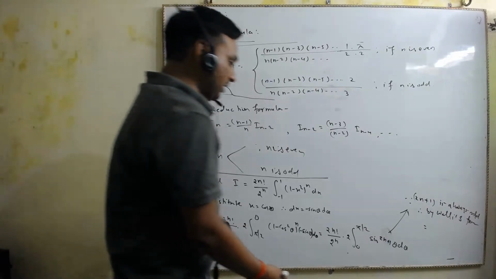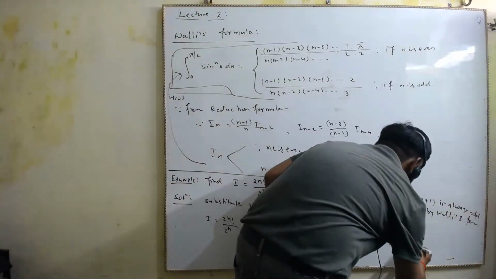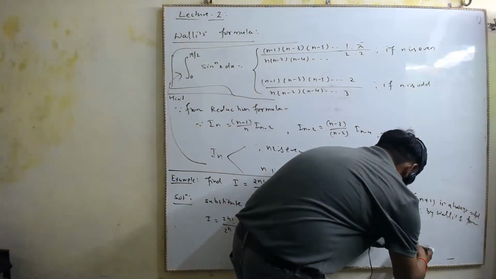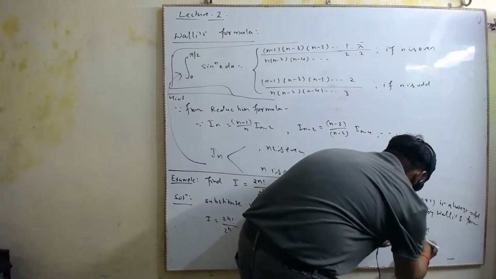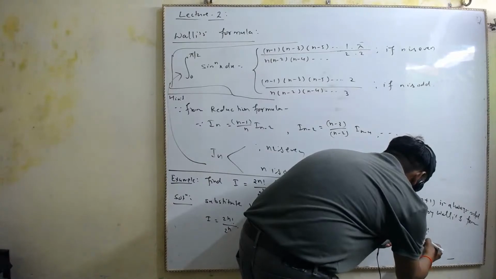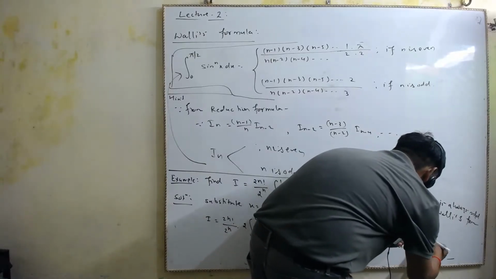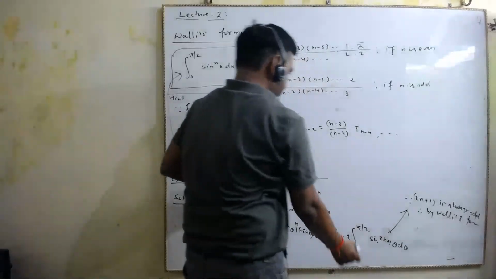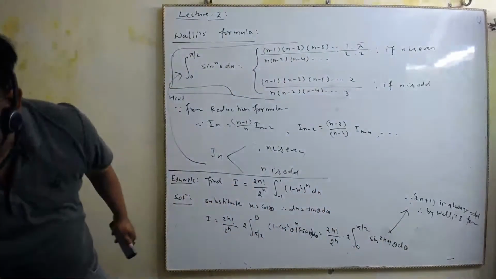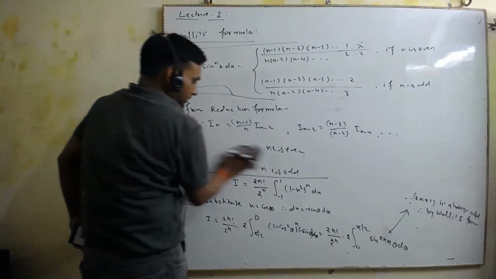So what will be that value? Should I write it? I'm just writing the value here. That will be 2 into 2n factorial divided by 2 raised to the power n. I will write this there, I will need a little space. I'll just remove this part.